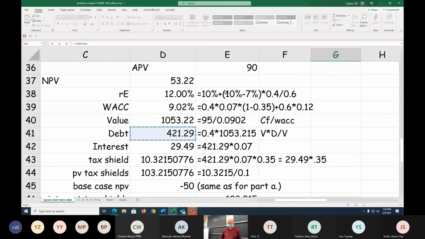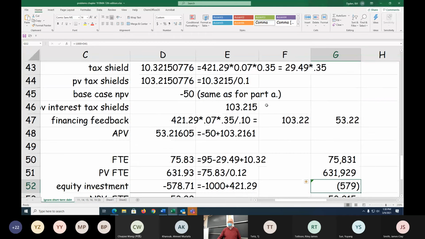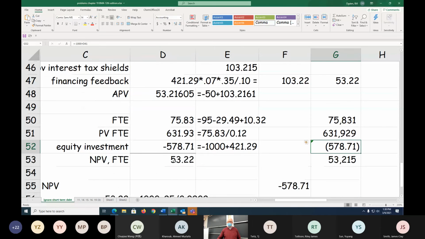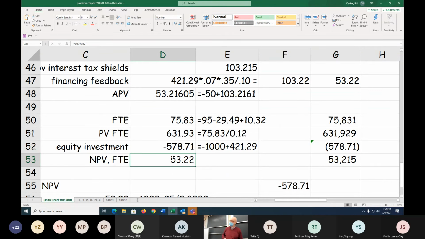Borrowed $421.29 against it. So the equity investment would be $578 against a value of $639. So there's an NPV to them. It's $53.22. So all three methods, same number.